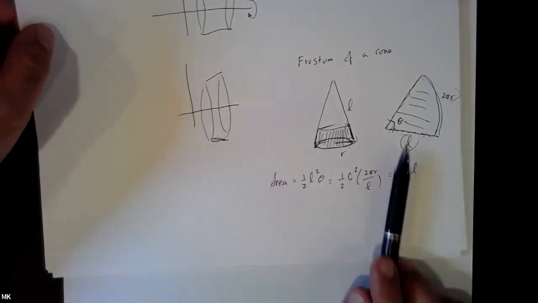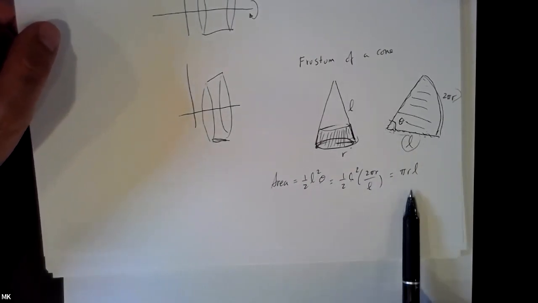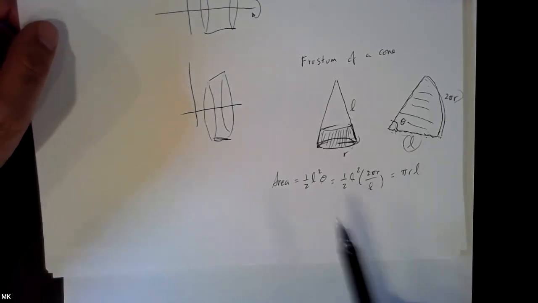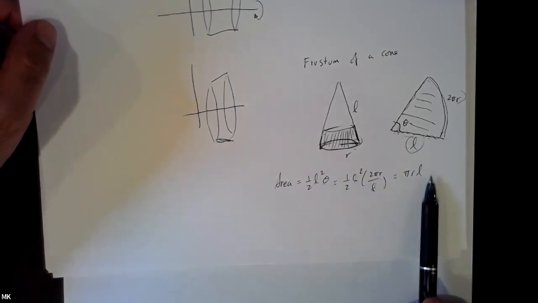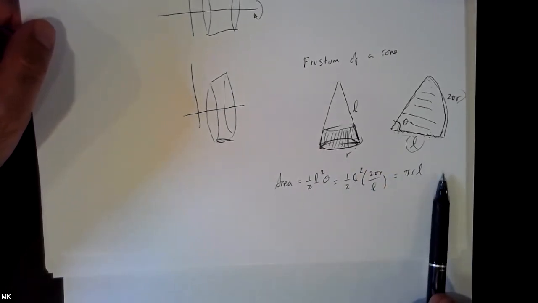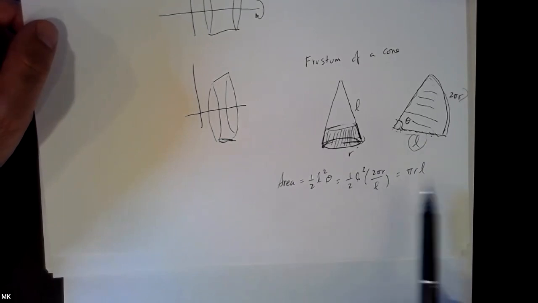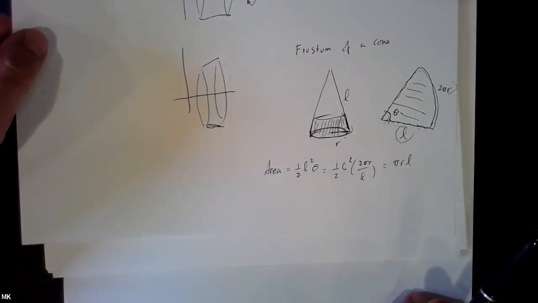I'm not going to ask you to derive this formula, but I would like you to see it and know how to do it, just in case on the test you forget. You can just go ahead and derive it quickly.